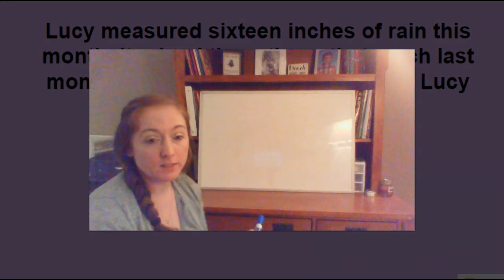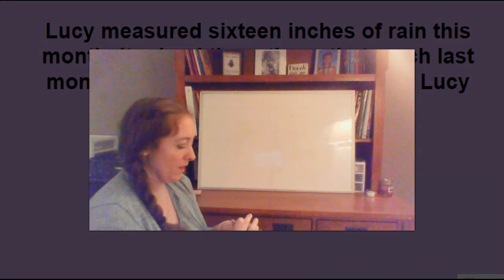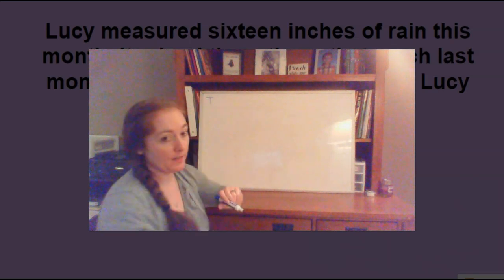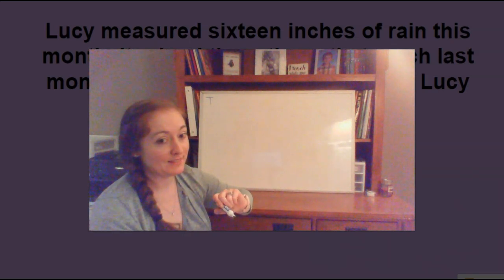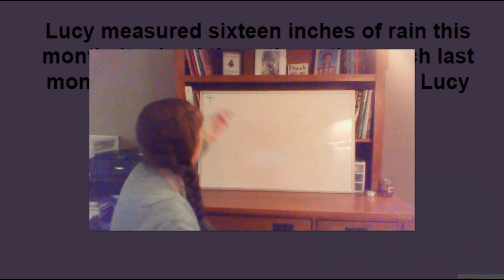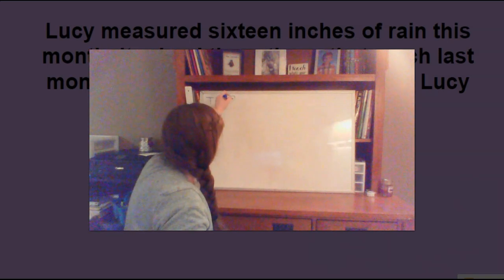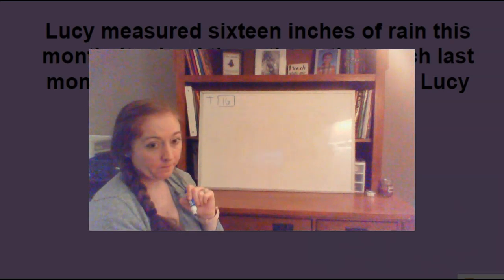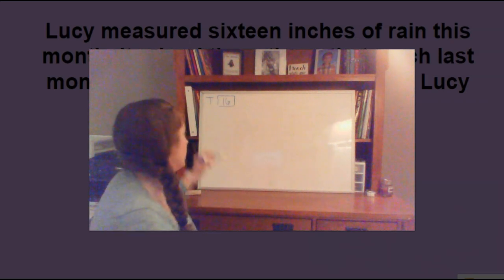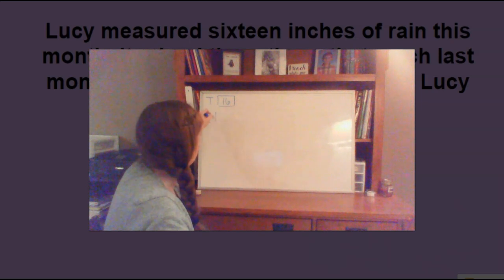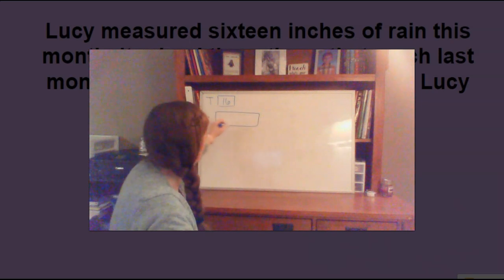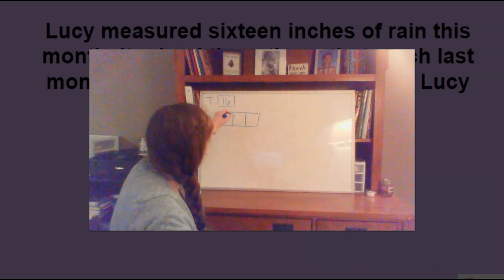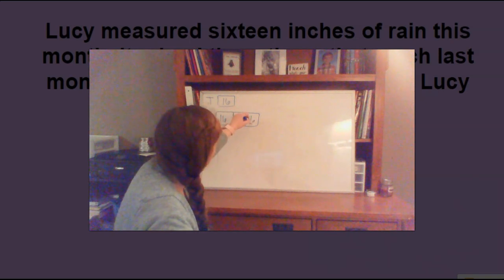Okay, so the first thing we need to record is what she measured this week. So this week, it said that she measured 16 inches of rain. So my known in this is going to be 16 inches. Okay? Last week, it was 3 times as many. So again, we're going to draw 3 boxes. This is our unknown, because we don't know exactly how much this equals.